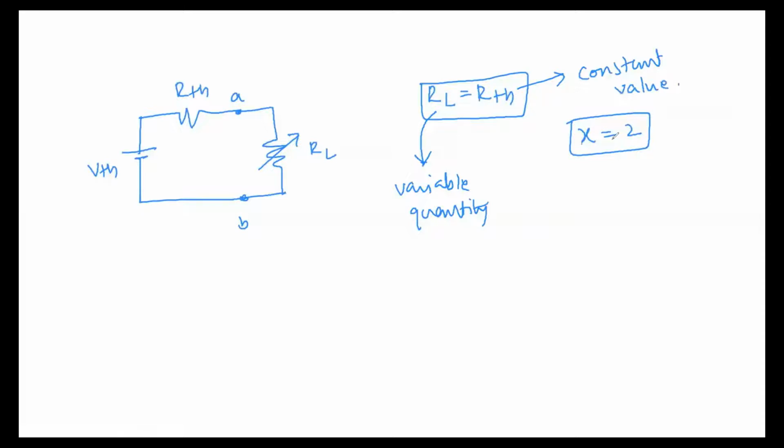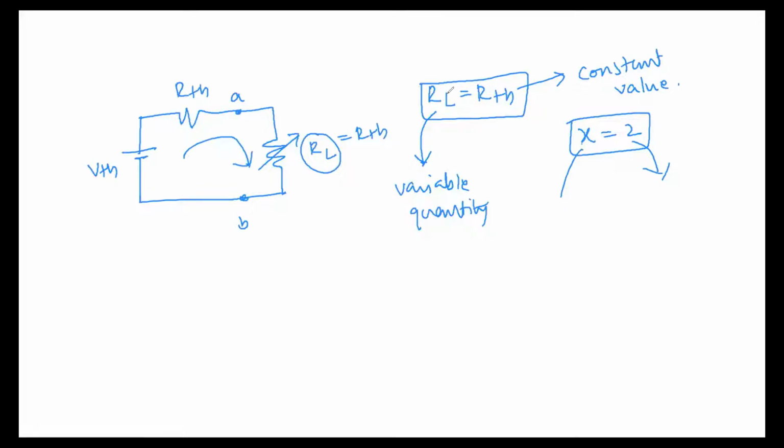So here X is variable and 2 is constant. Similarly, RL is variable and RTH is constant. RTH we have already found and it won't be changing. So whatever is varying, we have to make that resistance equal to RTH so that maximum power is transferred to that RL.